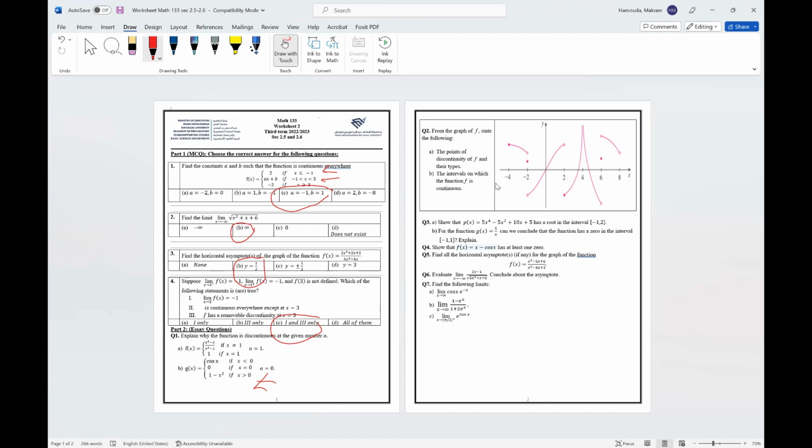So clearly, there is discontinuity at x equal to minus 2. Okay, so this is the first one. There is discontinuity at x equal to 2, x equal to 4, x equal to 6, and of course, the last one where we don't have continuity is x equal to 8.